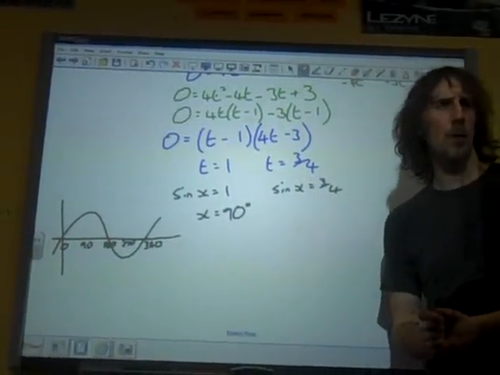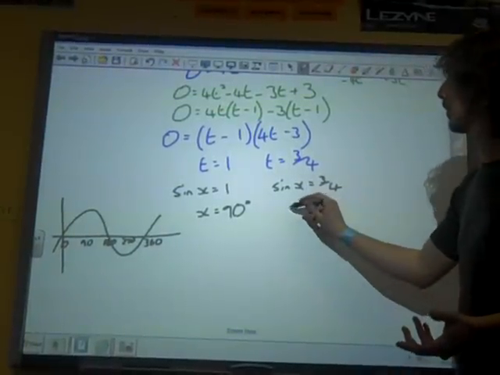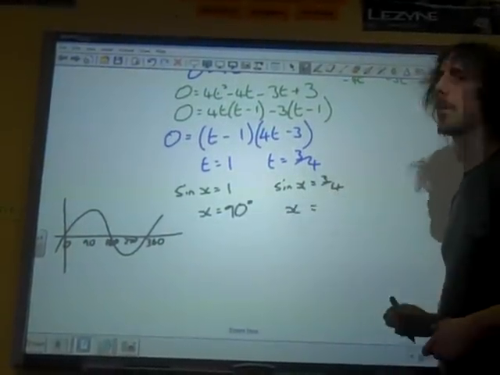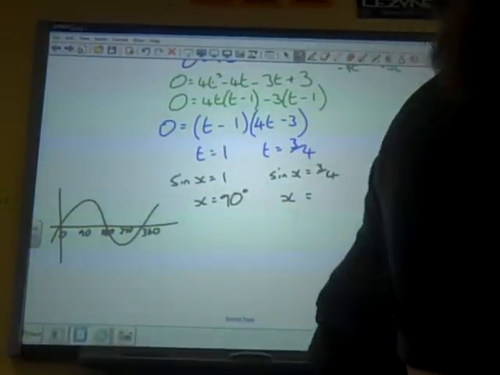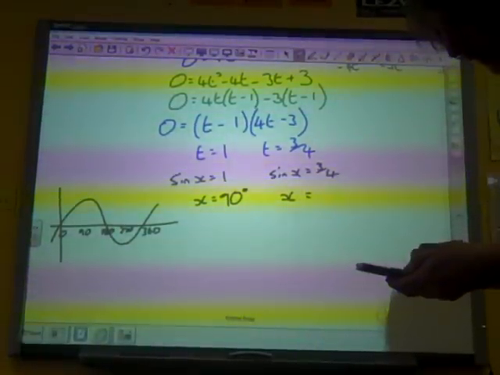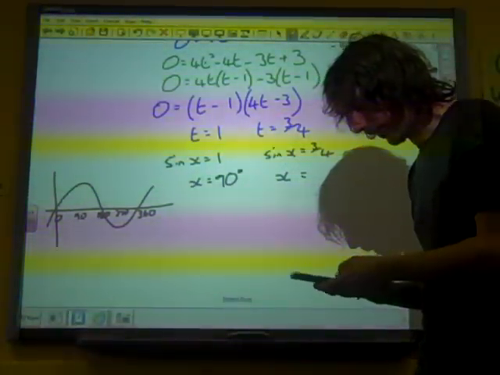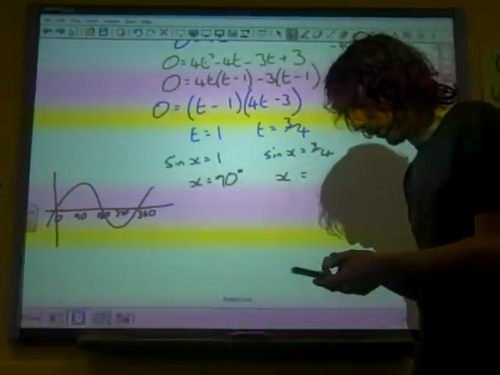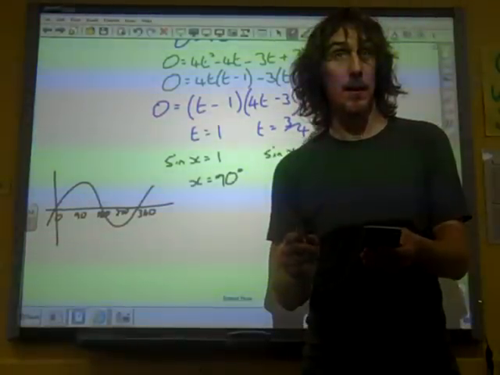Sin x is 3/4, we've got a bit more work to do. That's not one of those nice values. So we're going to do inverse sine of 3/4. Can I borrow your calculator? Guess what people are going to do wrong here?